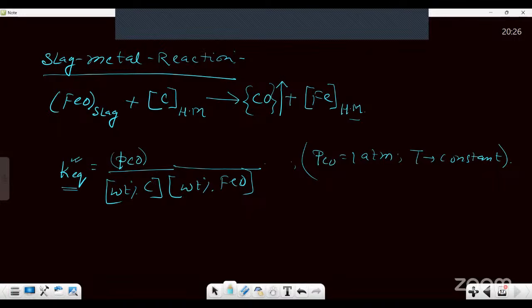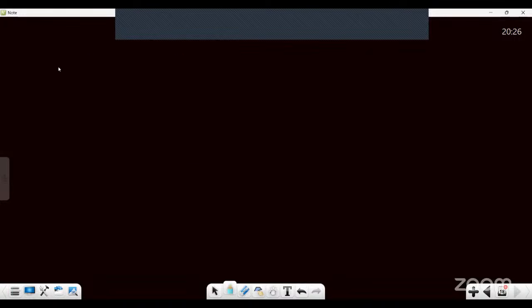Now, from here I can say that the weight percentage of carbon multiplied with the weight percentage of oxygen, sorry, this was our previous reaction.